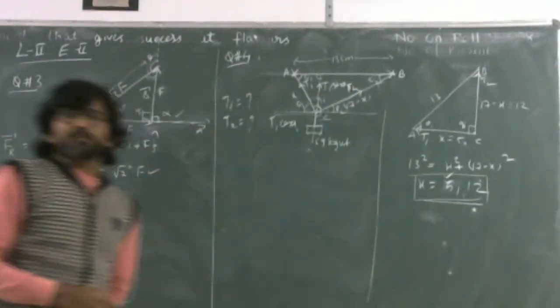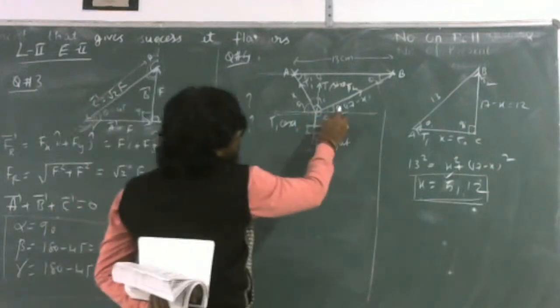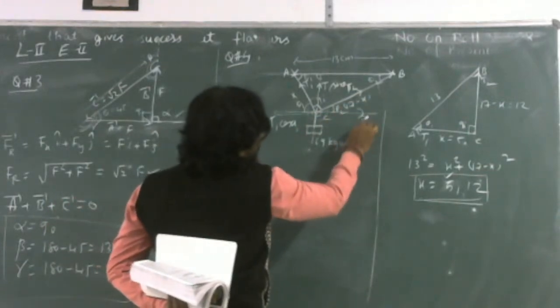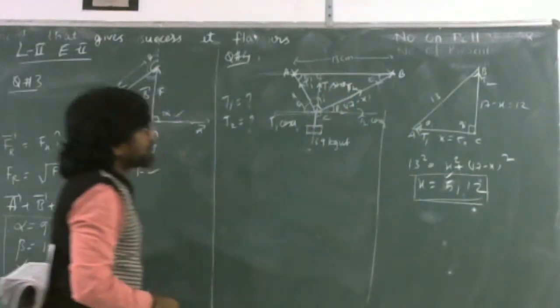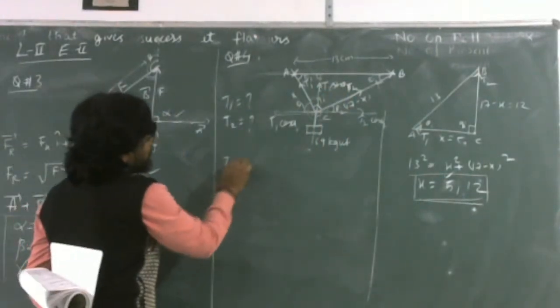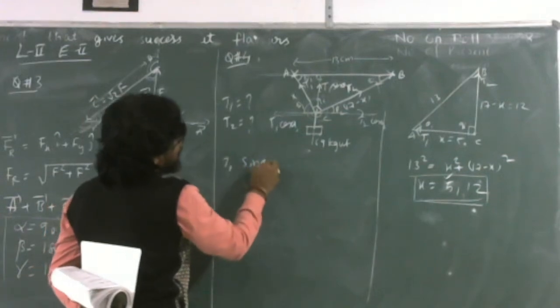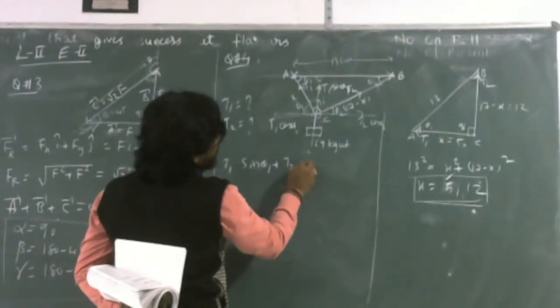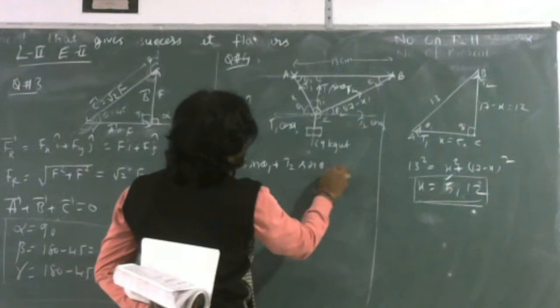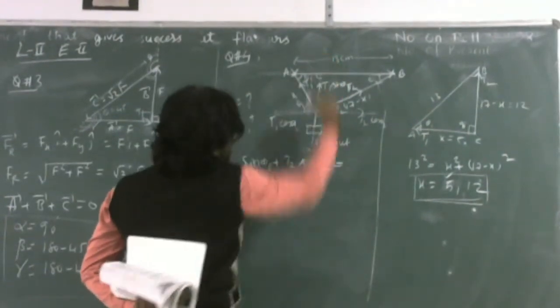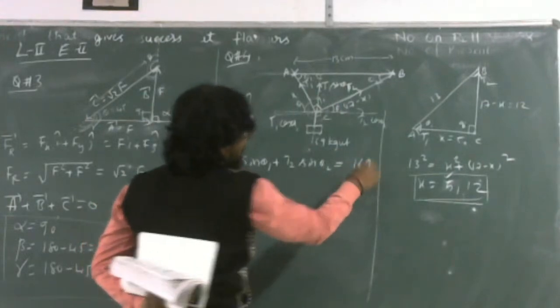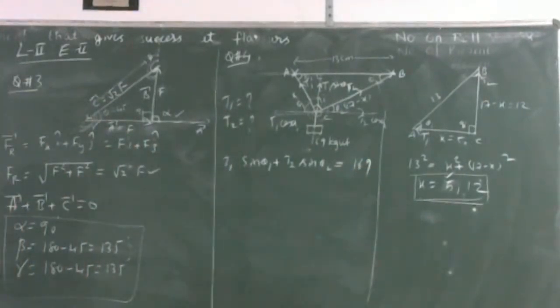This is theta 2, T2 cos theta 2, and along this T2 sin theta 2. So can you take T1 sin theta 1 plus T2 sin theta 2 is equal to the total upward force, equal to the total downward force? It is equal to 169. One equation will come.